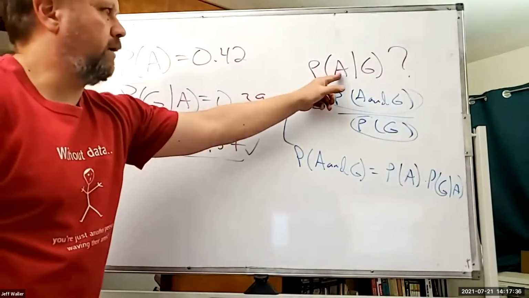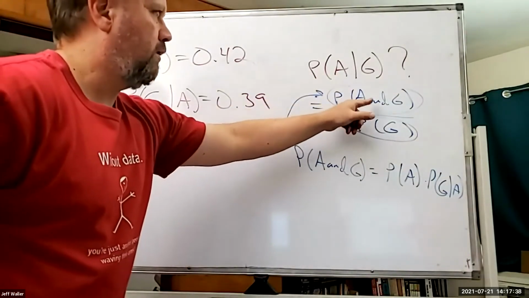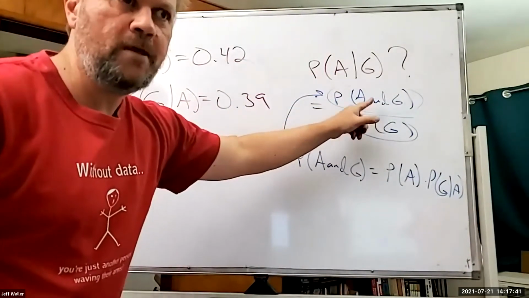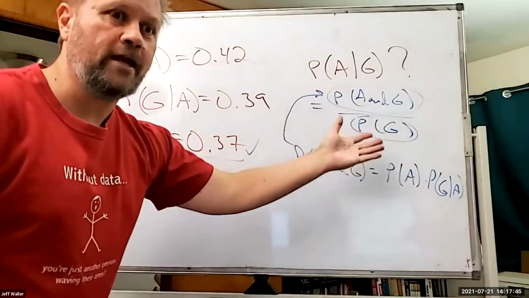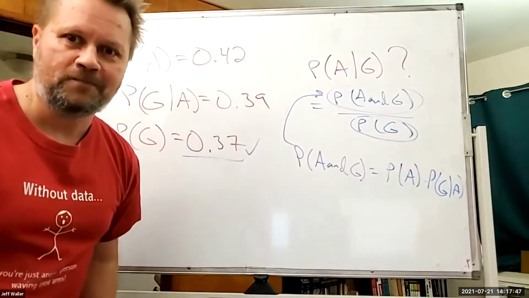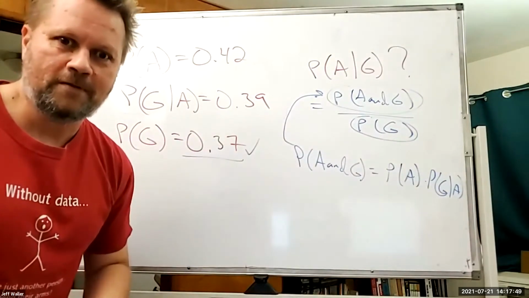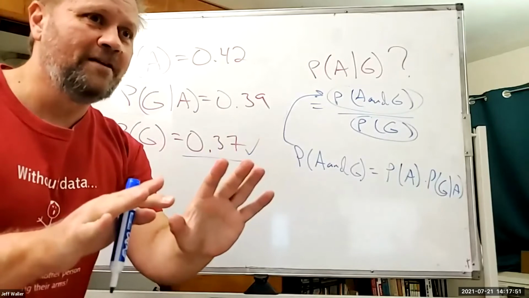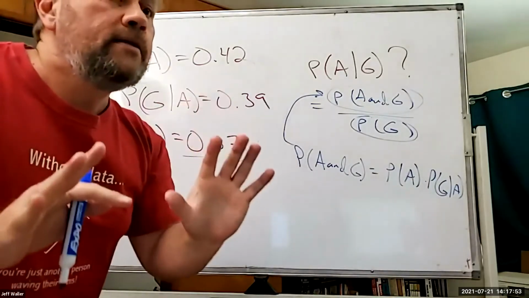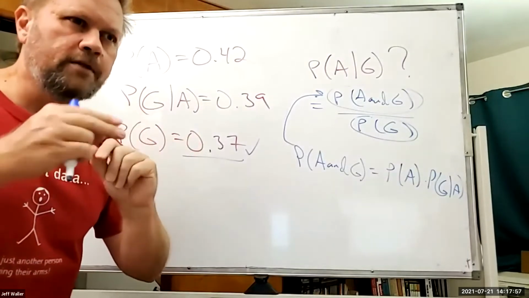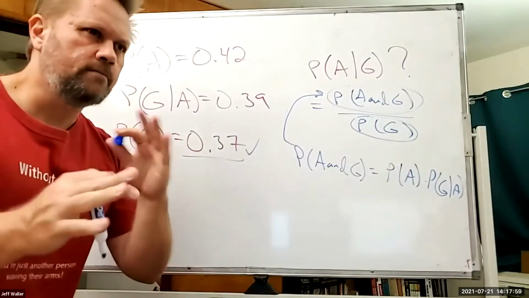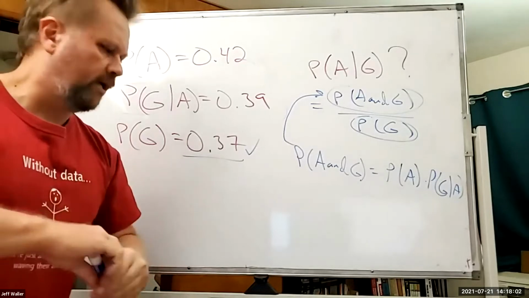You write the formula down for what I asked you, and you realize I didn't tell you this. Then you write the formula down for that, and you see that I told you what you needed. Don't feel bad, because that was not an easy problem. It wasn't horrendous, but it was a 2-step problem, which always kind of gets people down.